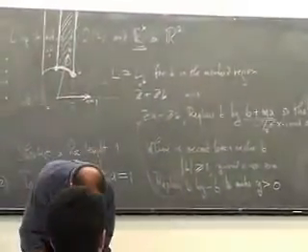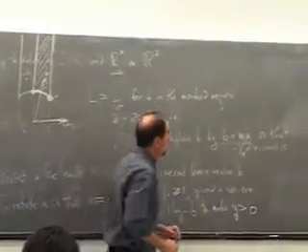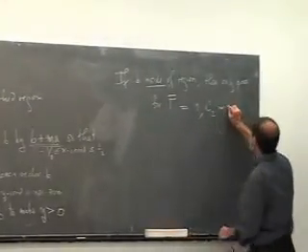Yes, correct. And C2 just means minus the identity map.